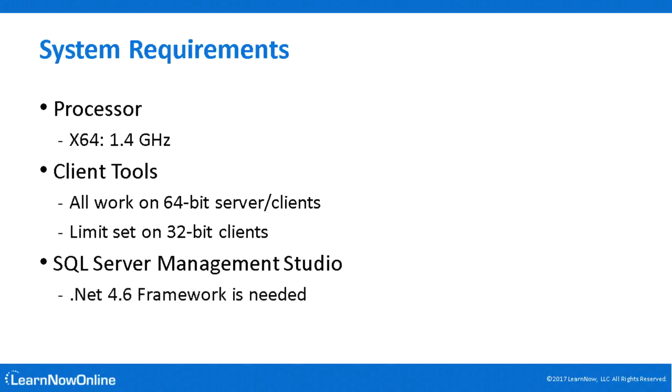Management Studio now for 2016 needs the .NET 4.6 framework. You need to have this installed, or during the installation it will download and install as a support feature. SQL Server Management Studio, or SSMS, is the main client application to manage SQL Server.